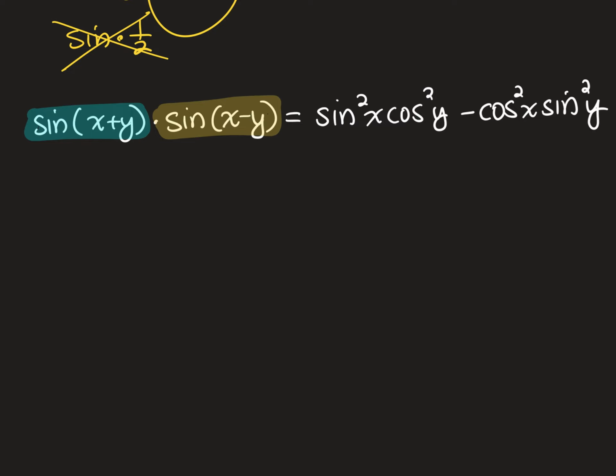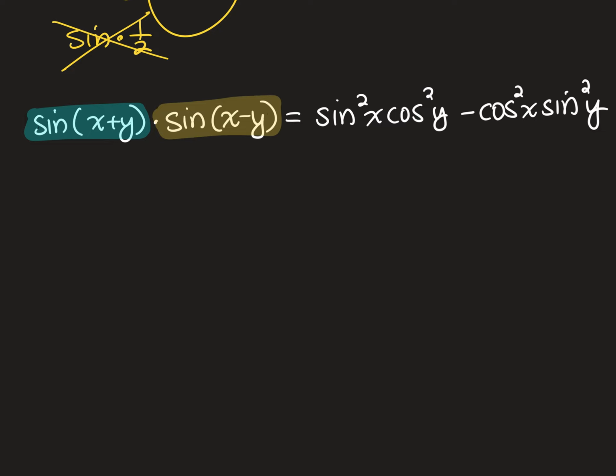What I have to do is use my sum and difference formulas to rewrite each of those. So go to your reference sheet. This time we're using the sine of u plus v and the sine of u minus v. And we've got to replace all of our u's with x's, all of our v's with y's. I'm not going to rewrite both those formulas on here. You can look at your reference sheet and find them. But what that's going to look like is this.